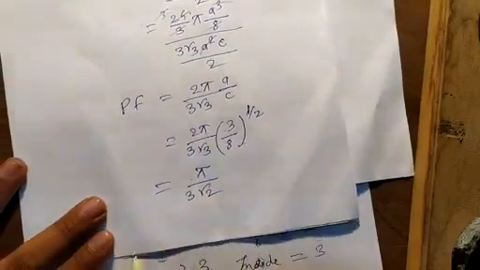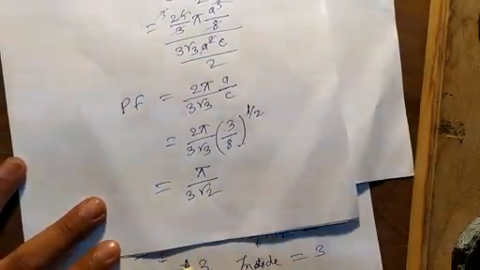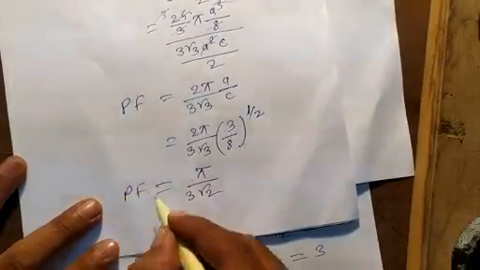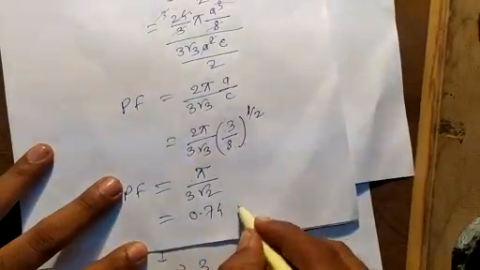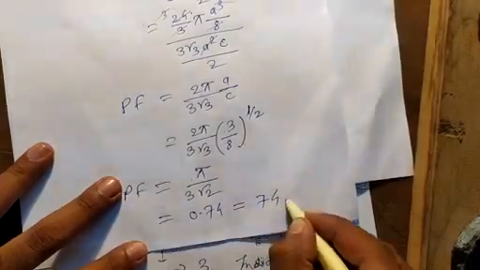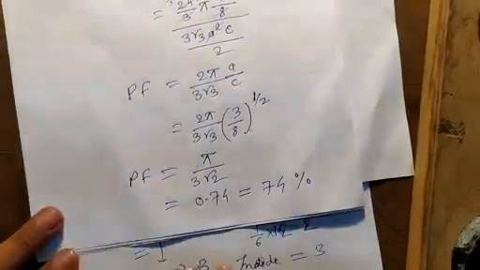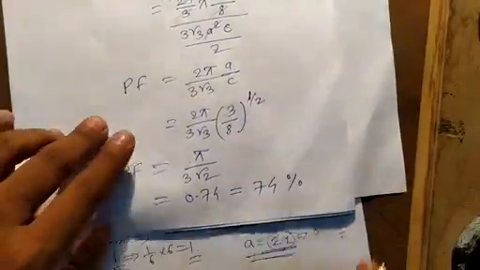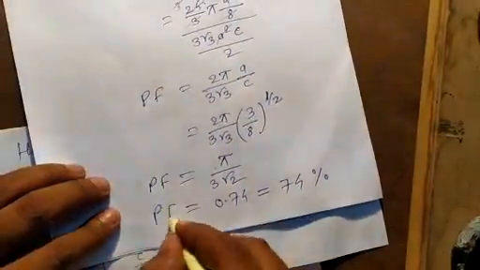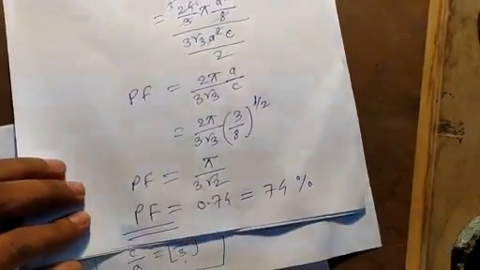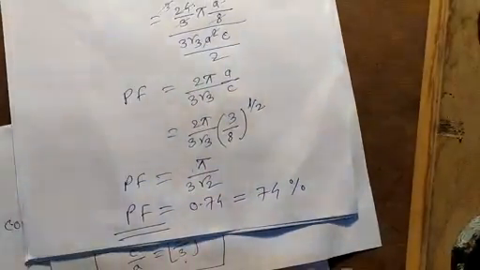If we simplify this, we get pi upon 3√2. And again, if we simplify this, we get 0.74, that is equal to 74%. This represents the packing factor for HCP structure unit cell.